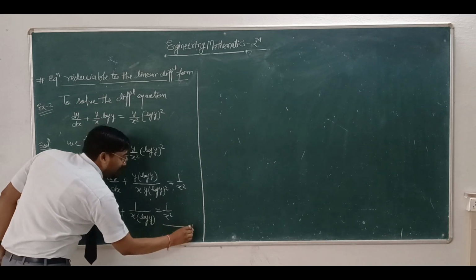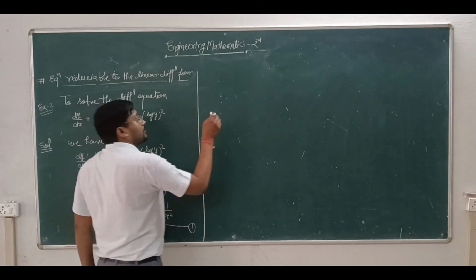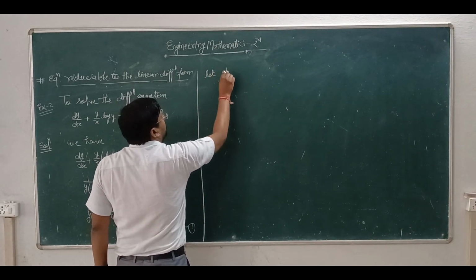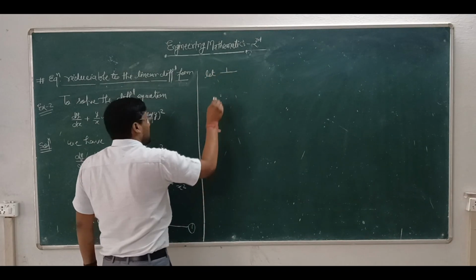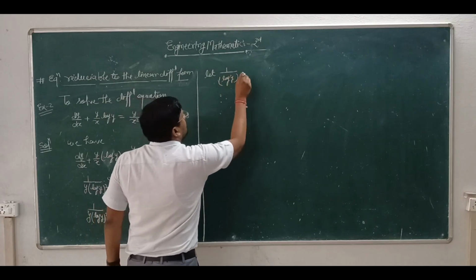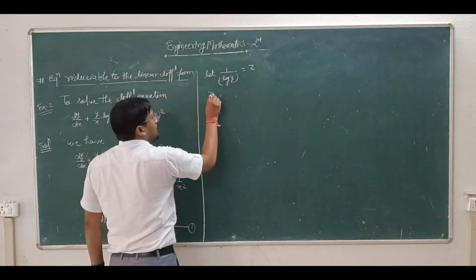This is equation number first. Now you reduce it to the linear differential form. First we let 1/log y = z.